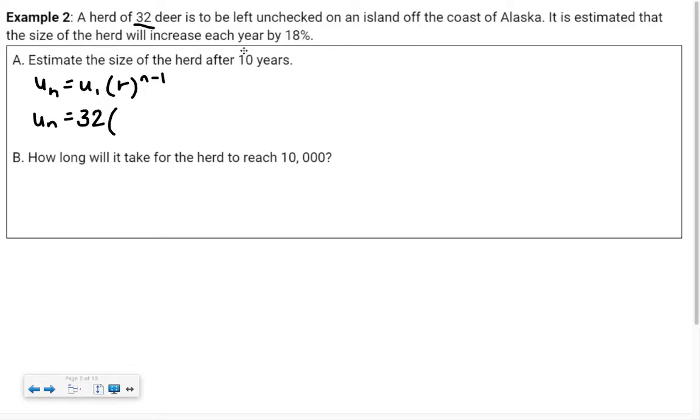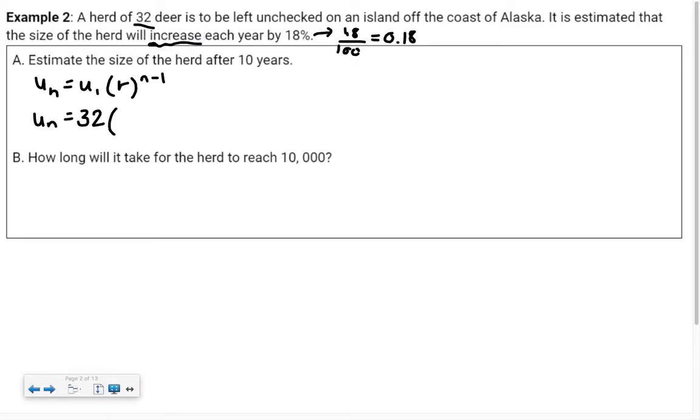So here, the size of the herd is going to increase each year by 18%. The first thing we want to do is change that percentage to a decimal. So we're going to take that 18 and divide it by 100. That's going to give me 0.18. If I multiply 32 by 0.18 though, my population is going to get smaller. I'm going to have less deer. And I know that the size of my herd is going to increase.